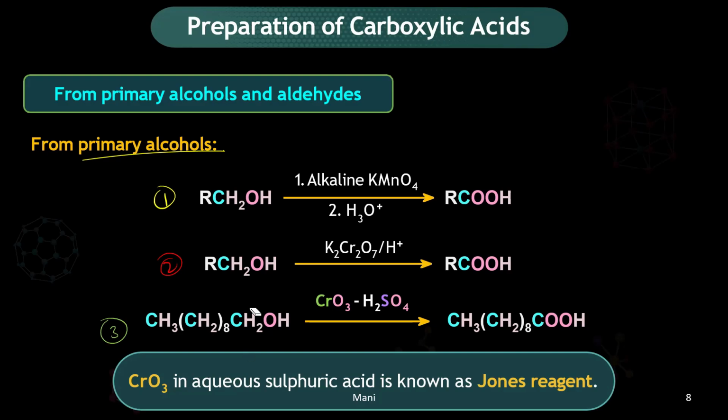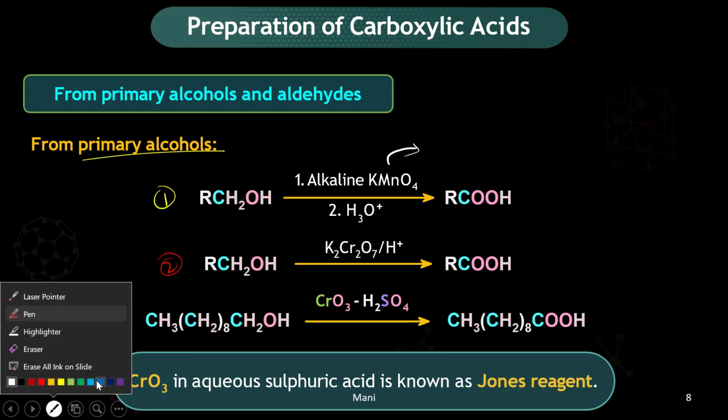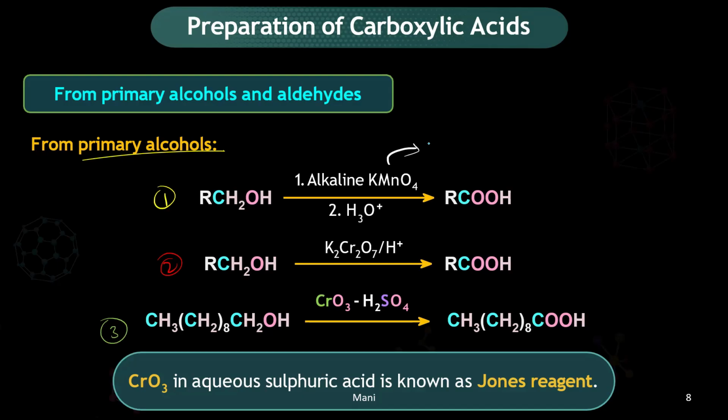All these are primary alcohols, remember, but the reagent you are using is different. So here, the primary alcohols are oxidized to carboxylic acid by using potassium permanganate.